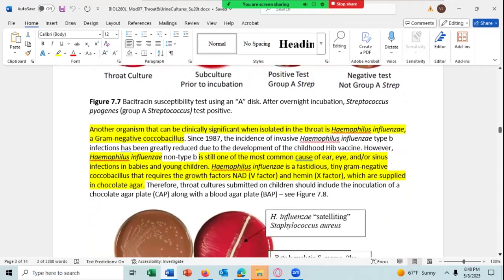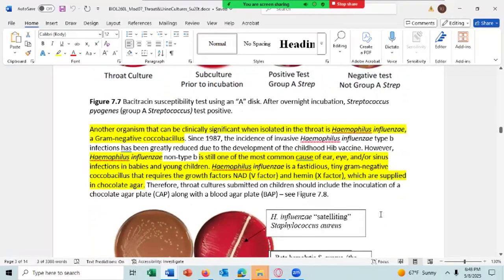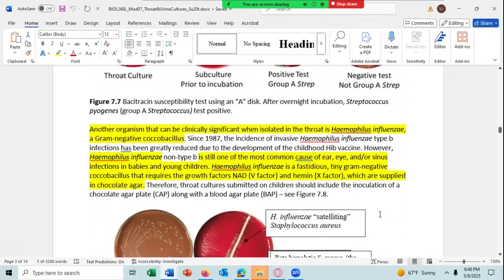All right, another organism that can be clinically significant when isolated from the throat is Haemophilus influenzae. It is a gram-negative coccobacillus. Haemophilus influenzae is a common cause of ear, eye, and sinus infections in babies and young children. Haemophilus influenzae is fastidious.